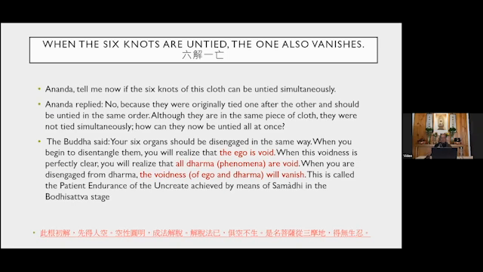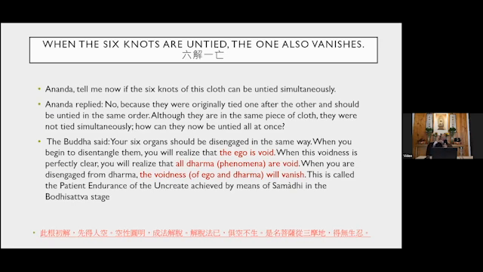Okay. But here, the most important part is that when we practice, when we try to untie a huge knot, we have to untie it sequentially. You know, you tied it once, second time, third time, sixth time. It's impossible to untie the first knot first.